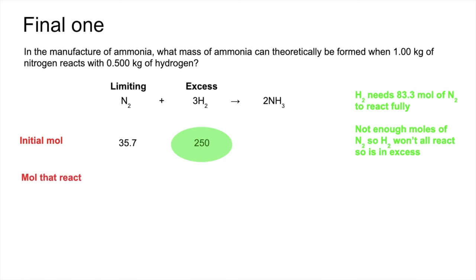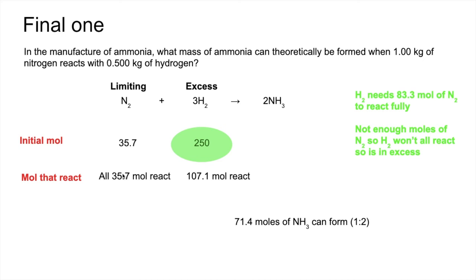So the moles that will react, all 35.7 of the nitrogen, but only 3 times that of the 250. So it'll be 107.1 moles react. That's 3 times 35.7. So now we've established that, 71.4 moles of ammonia can form.